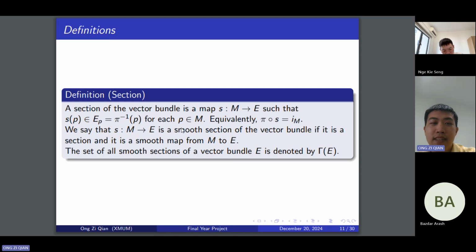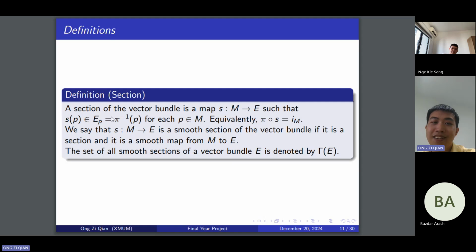And then the next one is the section of the vector bundle. A section on the vector bundle is mapping every point of M to the pre-image of it.